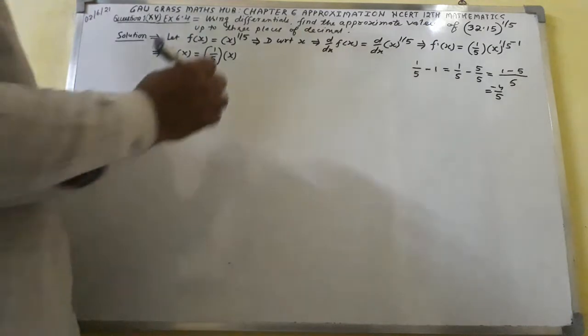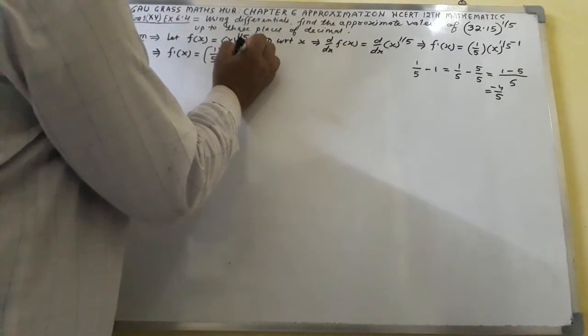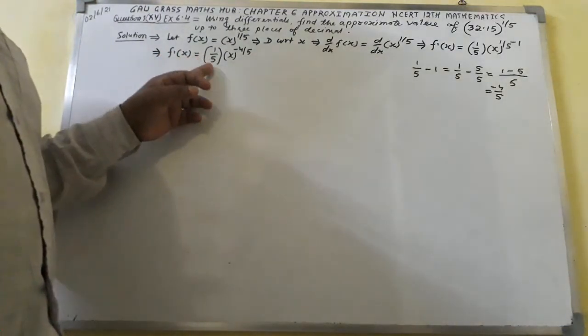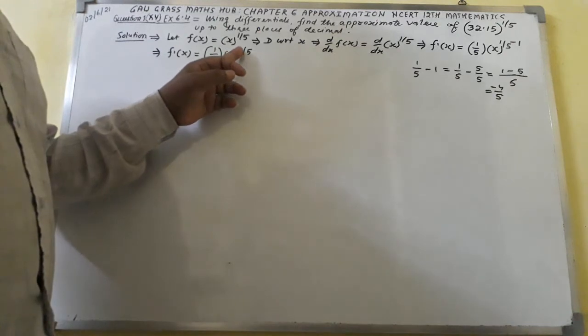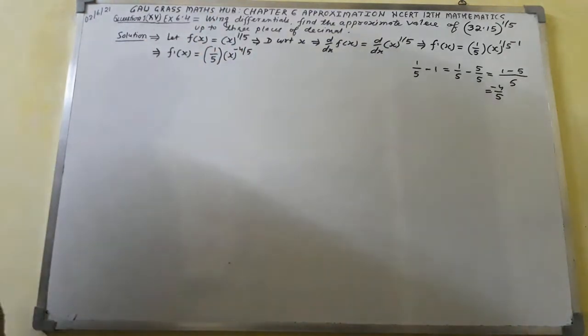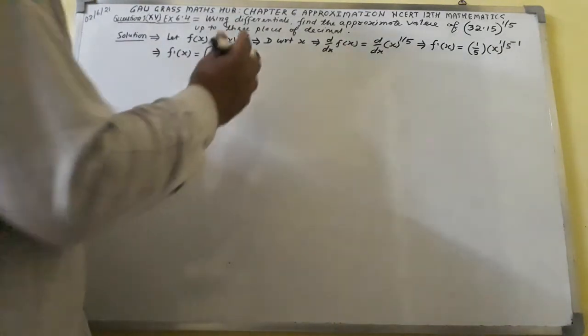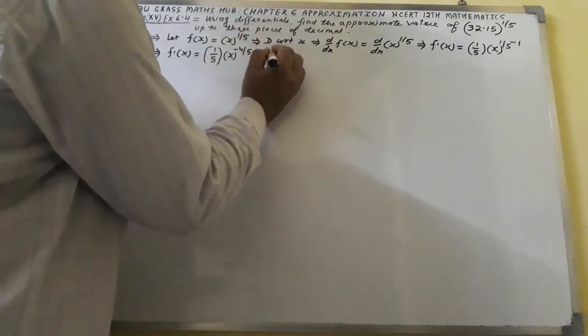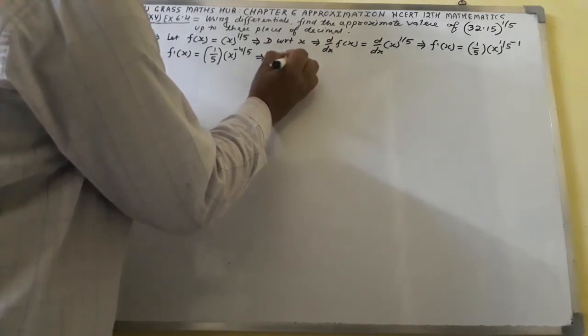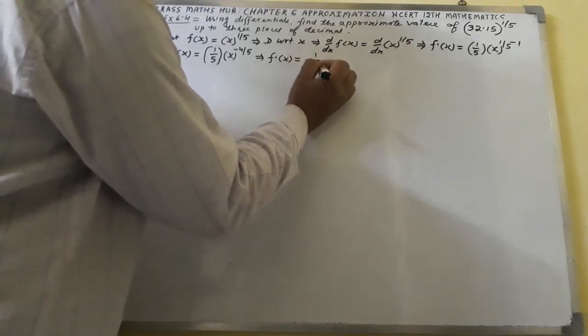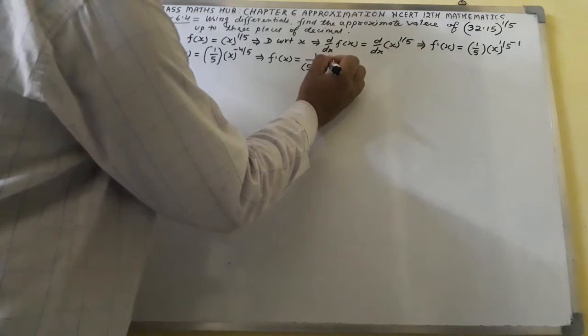So f dash of x equals 1 over 5 x raised to the power minus 4 over 5. This is the rough one, I am going to erase this. Now again f dash of x equal to 1 over 5 x raised to the power 4 over 5. This value we have got.